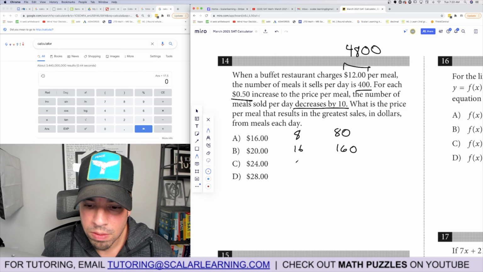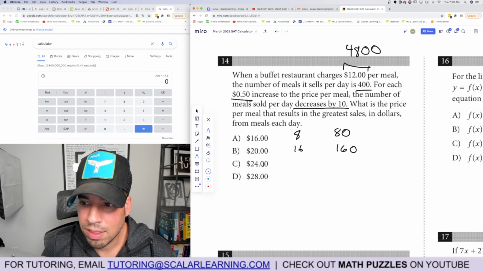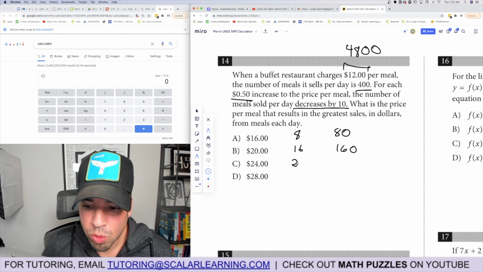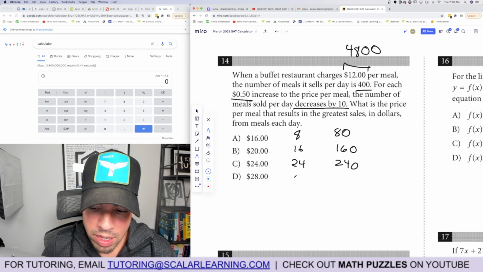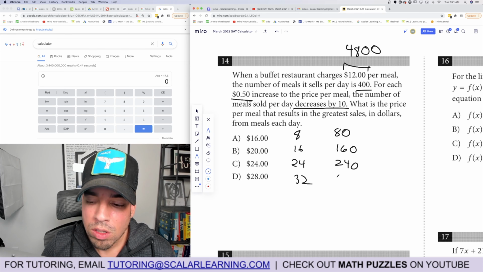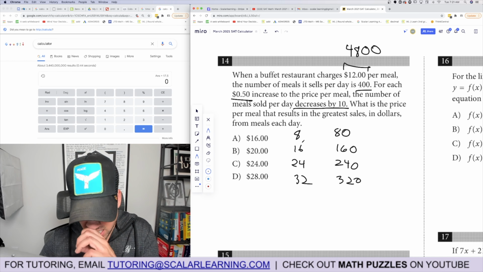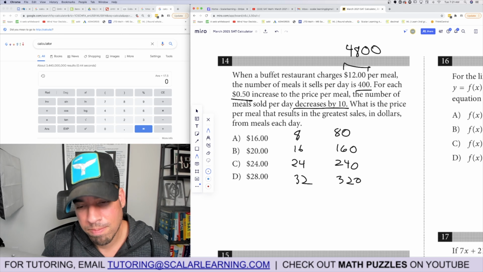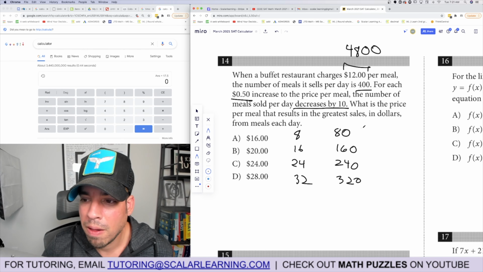This is $12, which is 24 increases, which drops by 240. And this is $16, so that's 32 increases. So it loses 320. I hope that makes sense because, again, it goes up by $4. It's 8 50-cent increases. Okay.